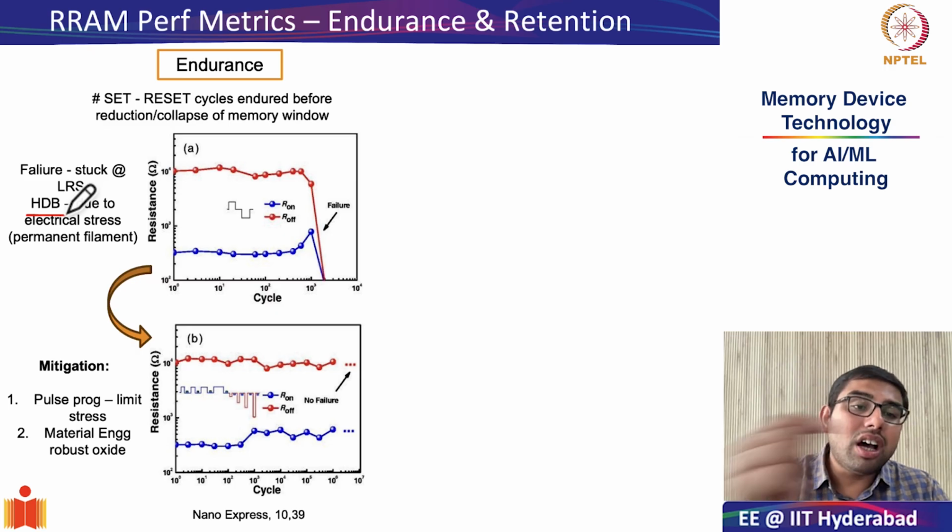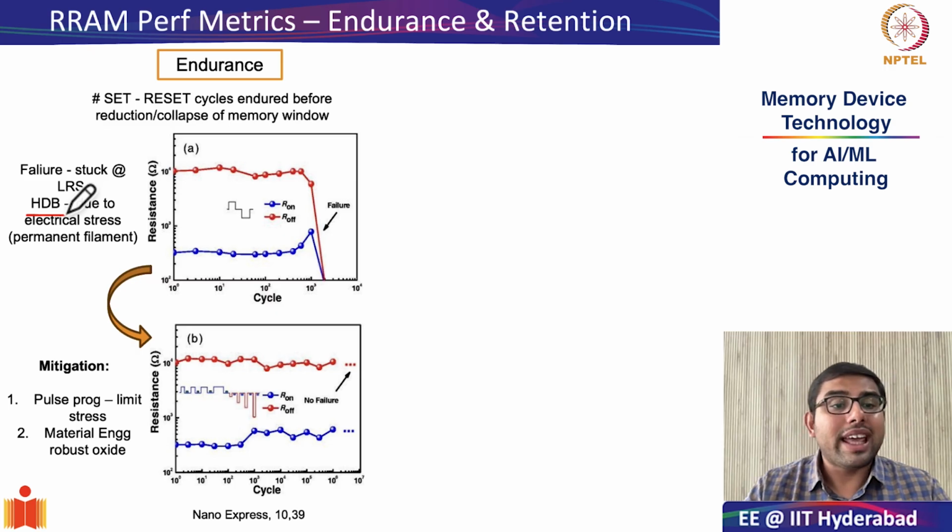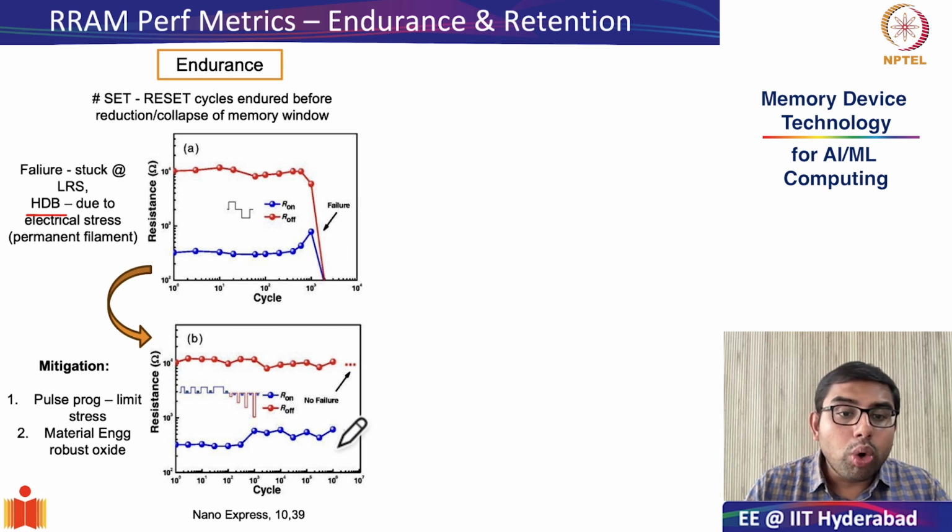Mitigation strategy here also could take the form of either having pulse programming or materials engineering, as demonstrated in this figure. By applying smaller amplitude of pulses but a large number of pulses, you can reduce the amount of stress that the oxide encounters, thereby increasing the endurance from roughly 10 to the power of 3 to almost 10 to the power of 6.